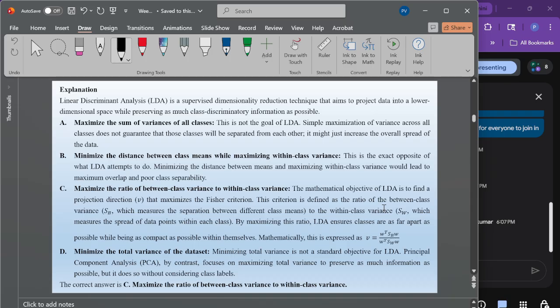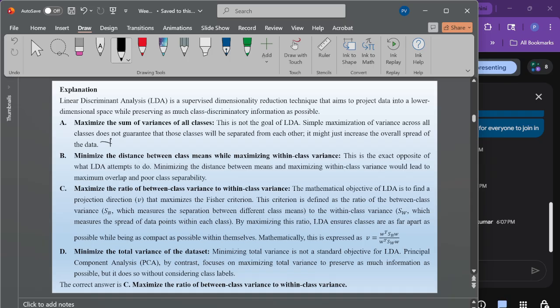This is not the goal of LDA, because simply maximizing variance across all the classes does not guarantee that those classes will be separated from each other. That might increase the overall spread of the data. So this is not a correct answer.